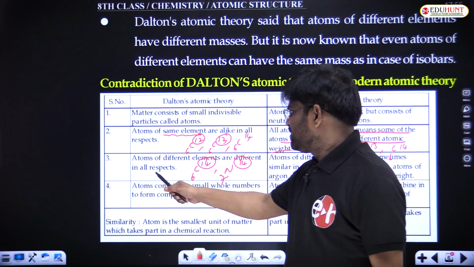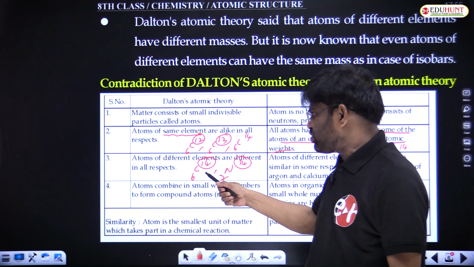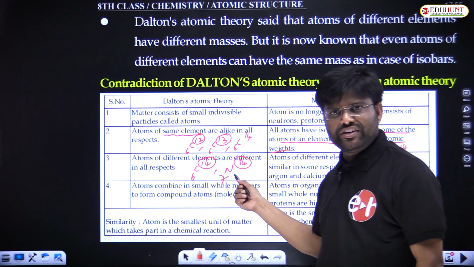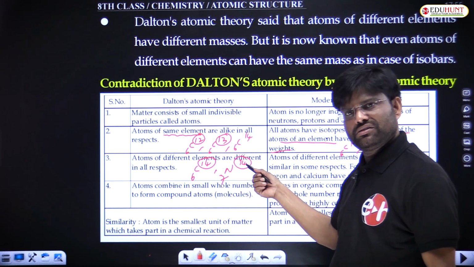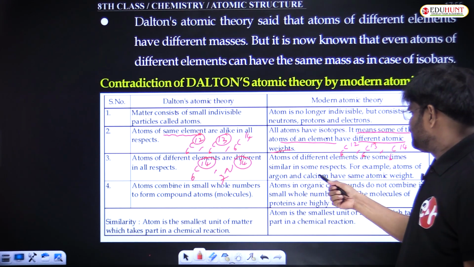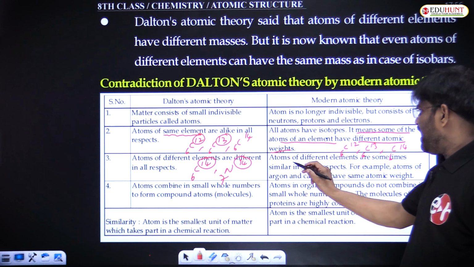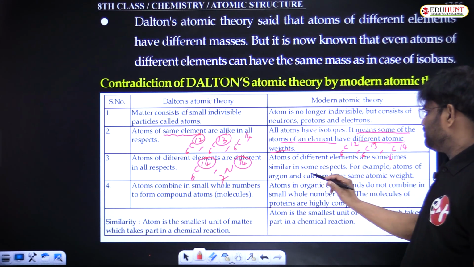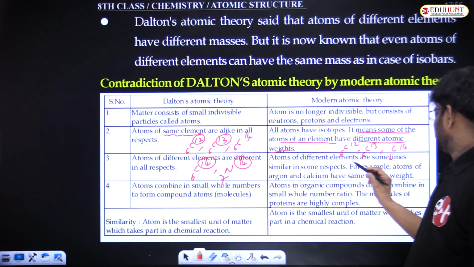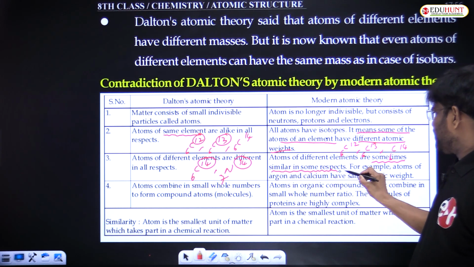That is the Dalton atomic theory. But this is the drawback of Dalton atomic theory: atoms of different elements can have the same mass. That was modified by the modern atomic theory. In the modern atomic theory, atoms of different elements are sometimes similar in all respects.